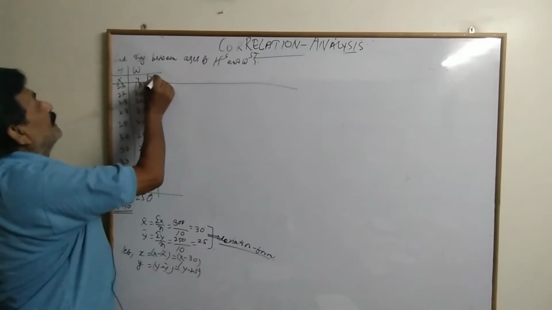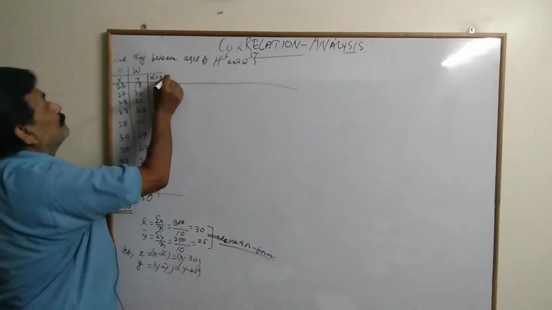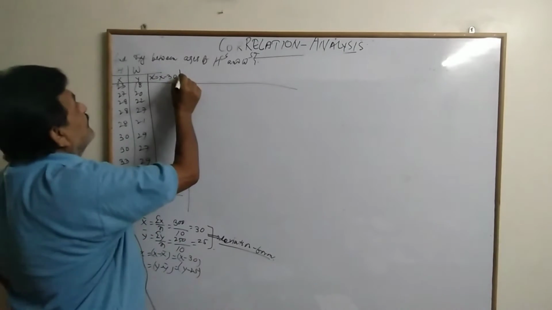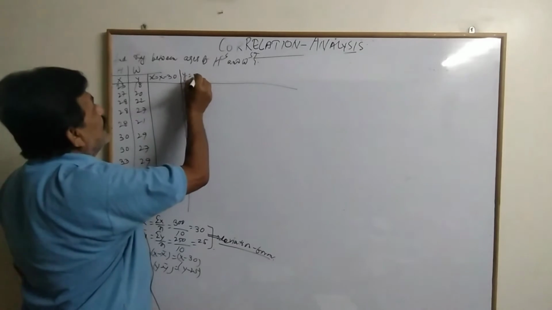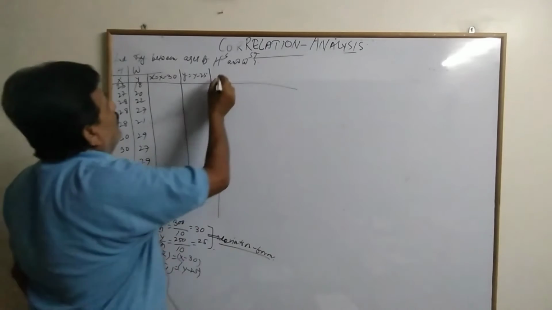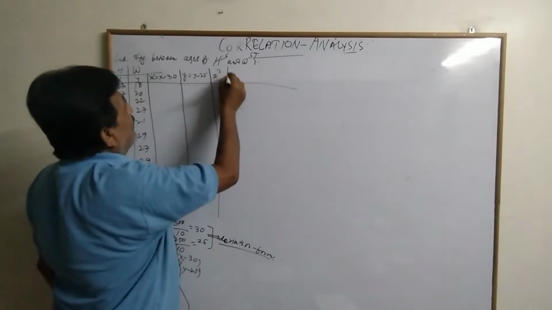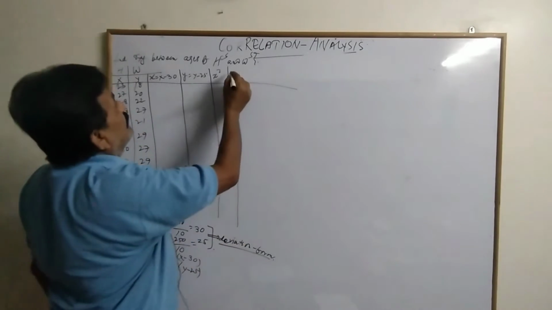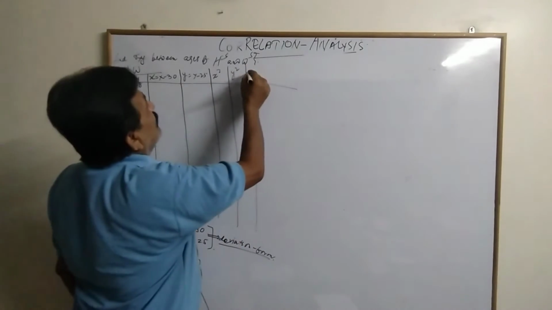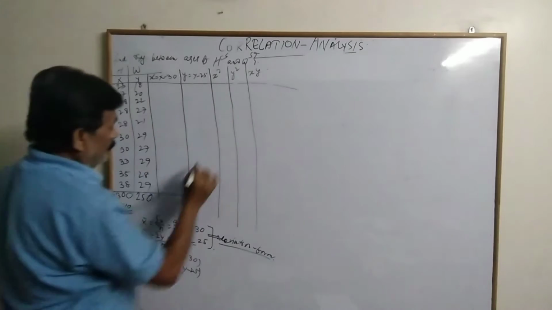So this is a small x, x minus 30, and this is a small y, that is capital Y minus 25, and now this is small x square, since we are dealing with the deviation form, small y square, and the final column is small xy.